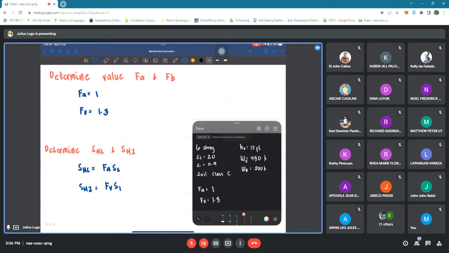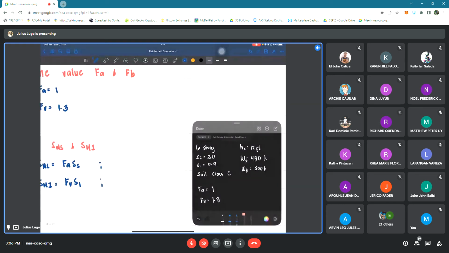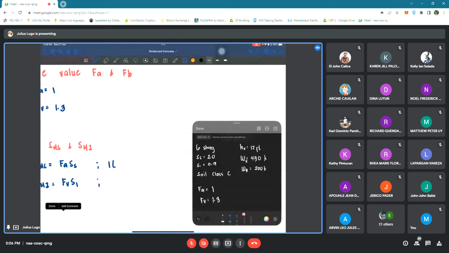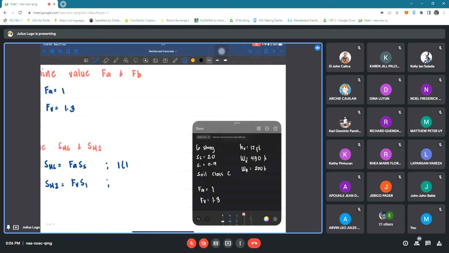Okay. So what will be our value? So this is now equal to 1 multiplied by, no, it's actually multiplied by SS. So that's 2. Okay. So your SS value, tingnan kayo dito, this is your SS value, guys, here.